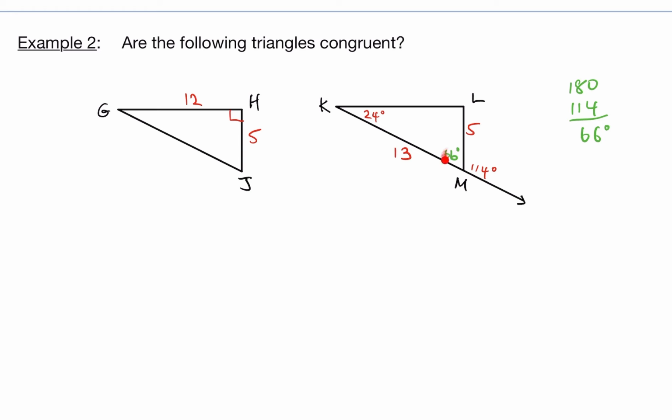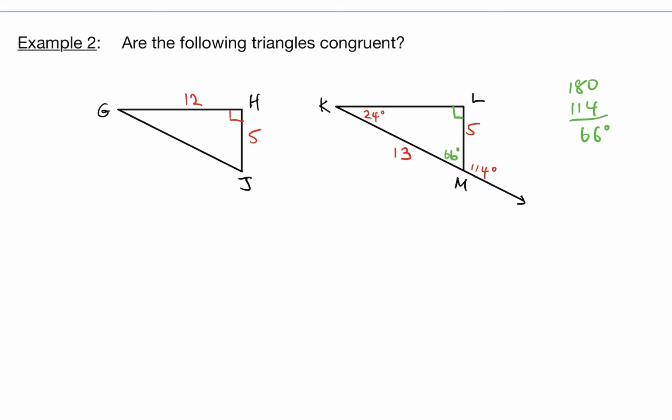We have 66 degrees plus 24 degrees, which is 90 degrees. So now we know that this is a right angle. All right, so we've established the first criterion, which is that both of these triangles have to be right triangles. Now we do know that the leg HJ has a length of 5, and the leg LM for this right triangle also has a length of 5.